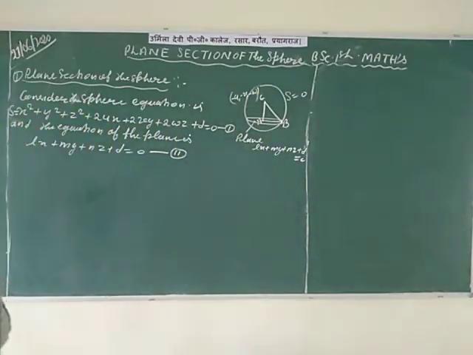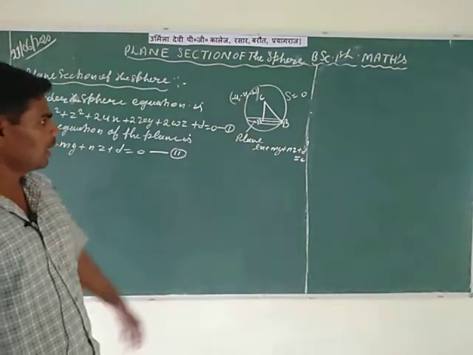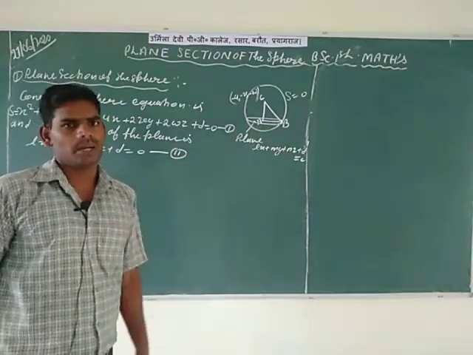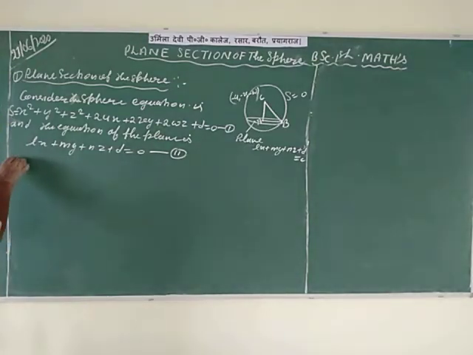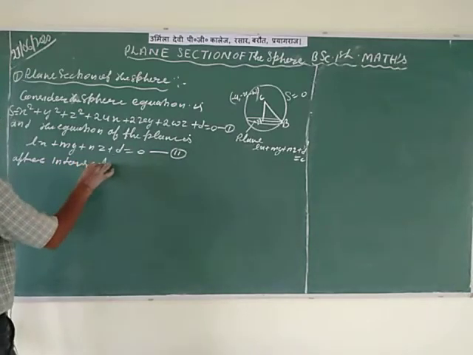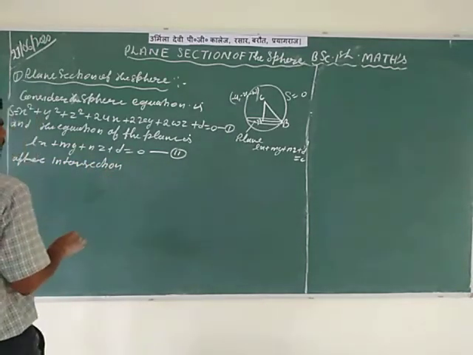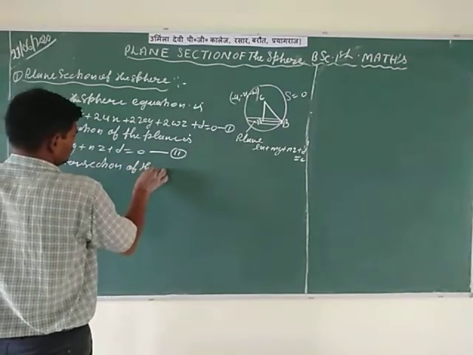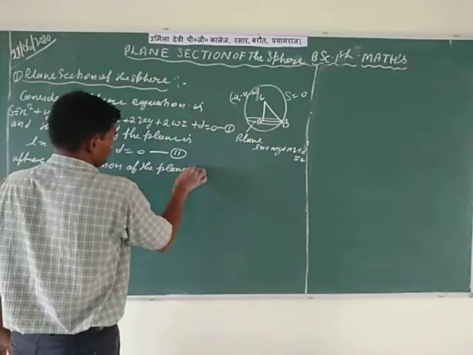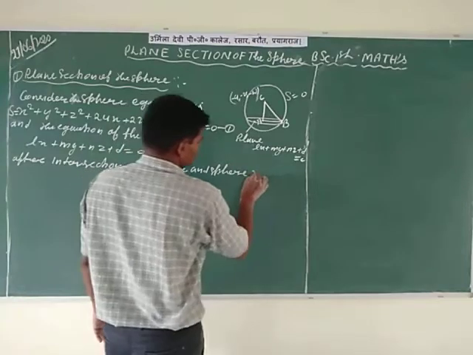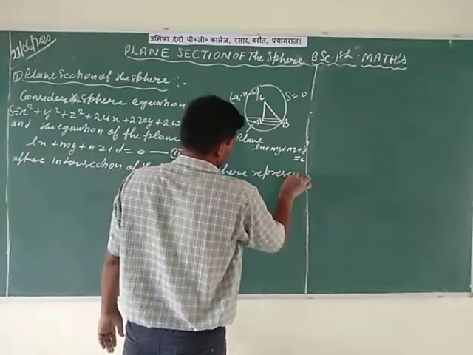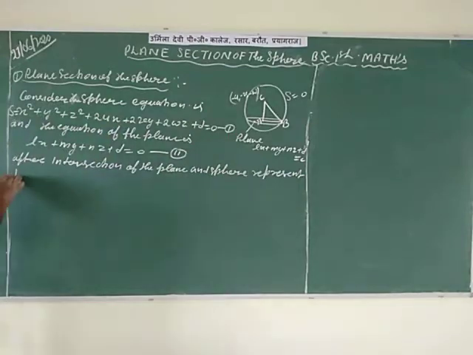Draw a perpendicular line from the center of the sphere, meaning from C on the plane section, meeting at the point capital A. So capital A is the center of the circle, and the intersection of the plane and the sphere represents a circle.